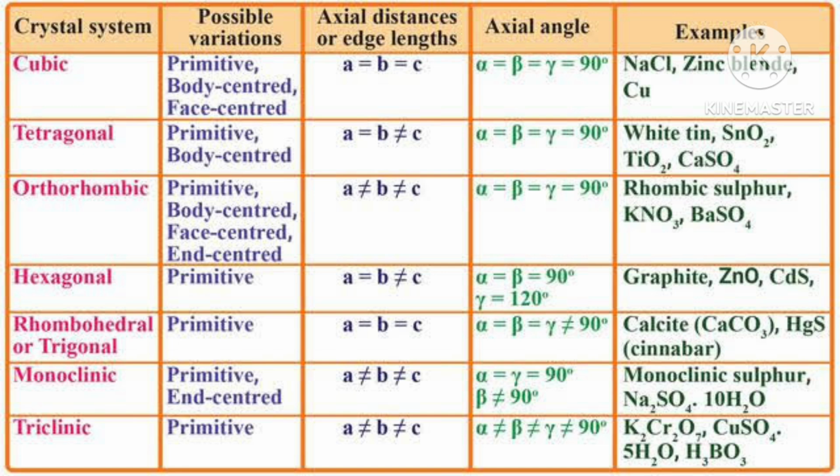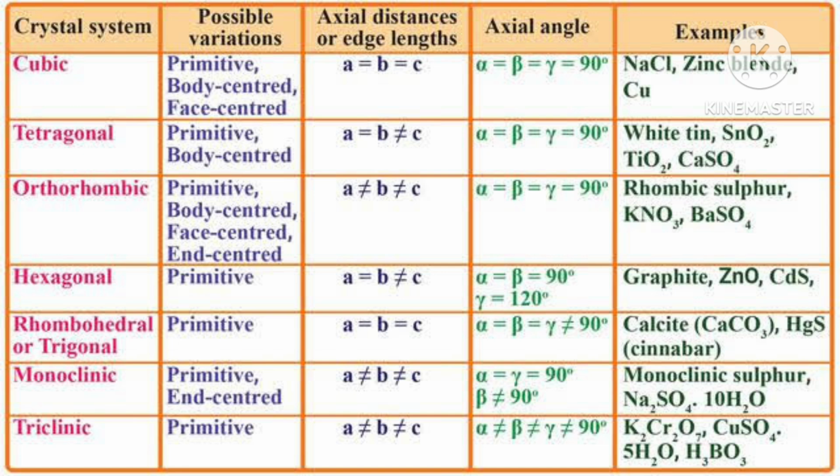Hexagonal 1, then 10, and rhombohedral again 1, 11. Monoclinic 2, then 11 plus 2 is 13, and triclinic 1. Then the total is 14.